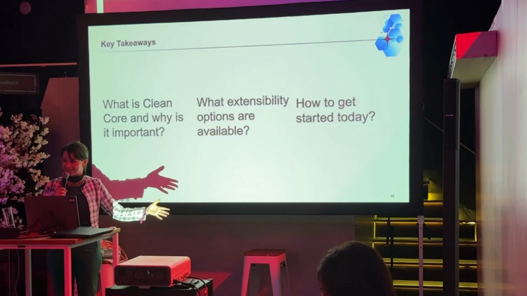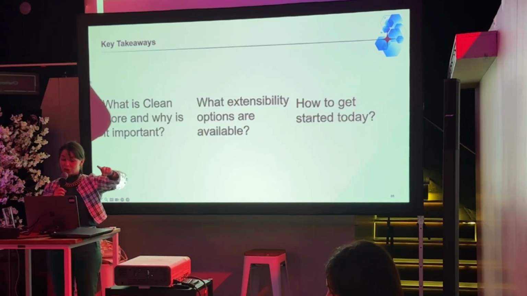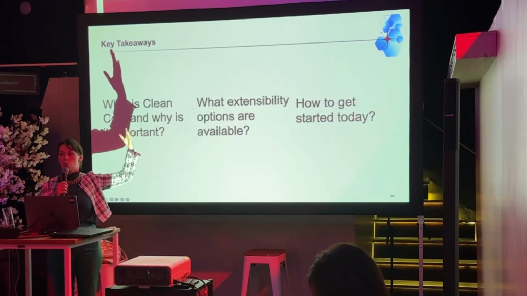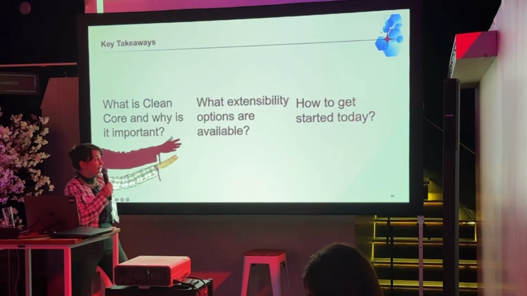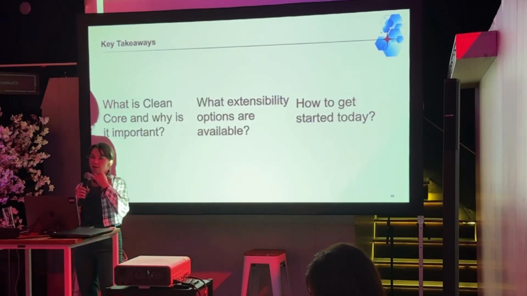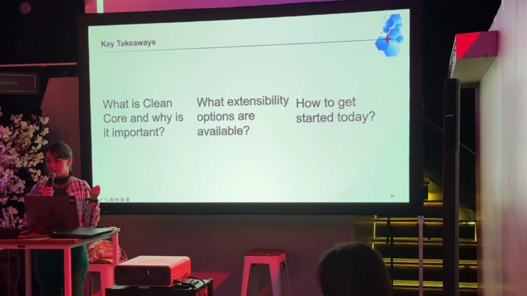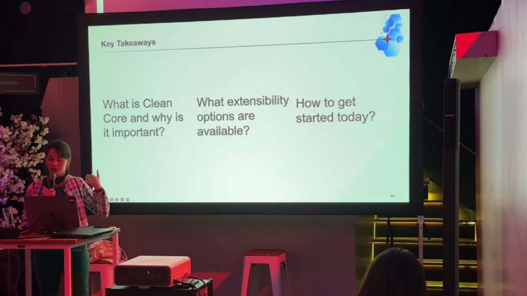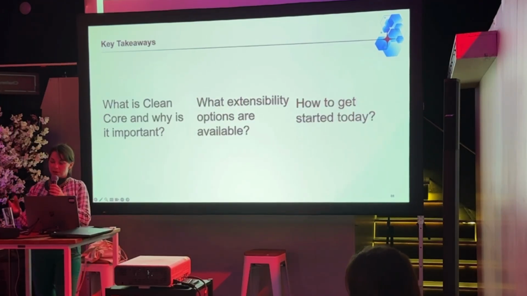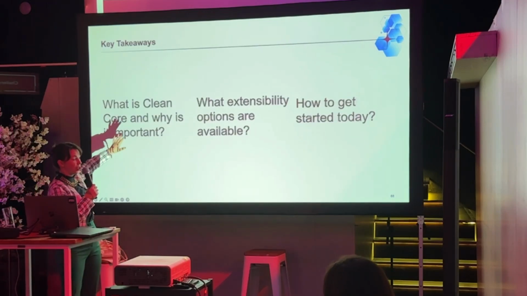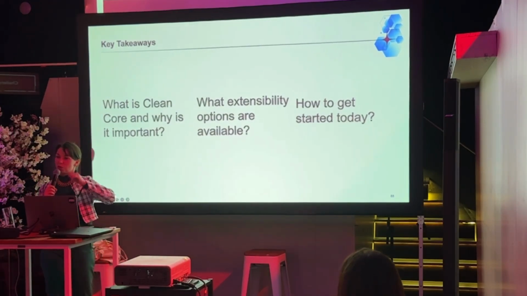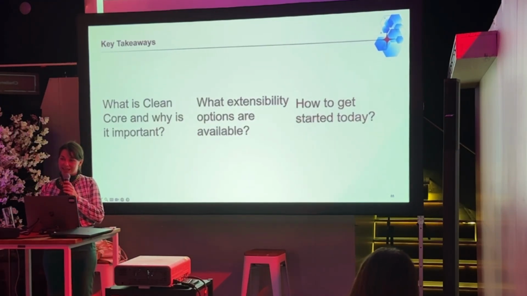So with that said, I hope I explained to you what Clean Core is, why it is important, and what these extensibility options are. Remember, we had SAP Build with the 3 different components, SAP Build Apps, SAP Build Work Zone, and SAP Build Process Automation. And we also had Business Application Studio. And I showed you a lot of links, a lot of websites where you can get inspired, and also where you can get started.